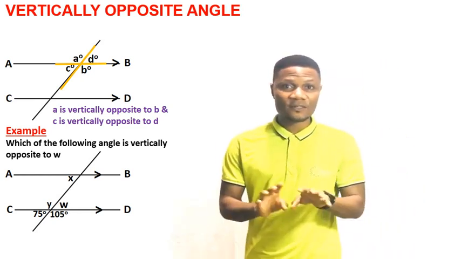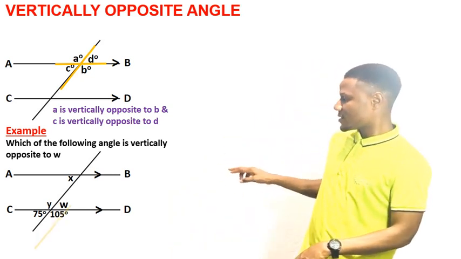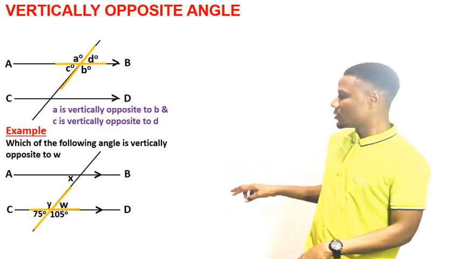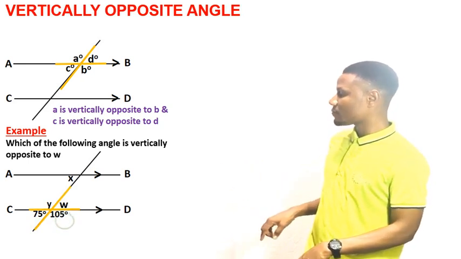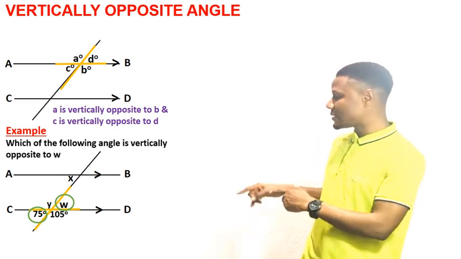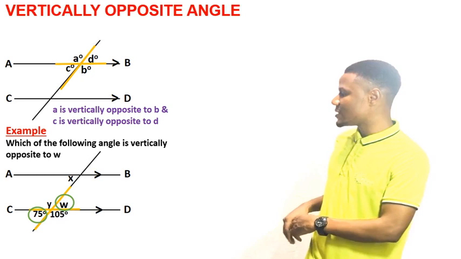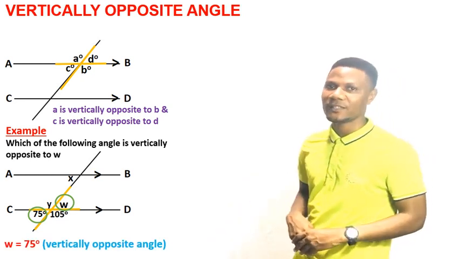Very easy. You don't need to stress yourself. All you just need to do is just draw your X along the W. You will see your answer. Very easy. I've detected it. I hope you've seen it. You can see that the angle that is vertically opposite to W is 75 degrees.